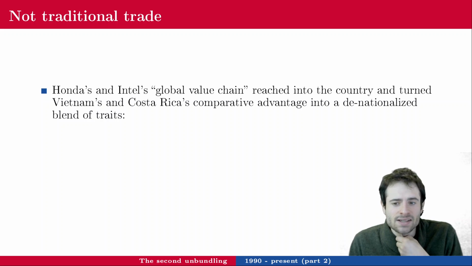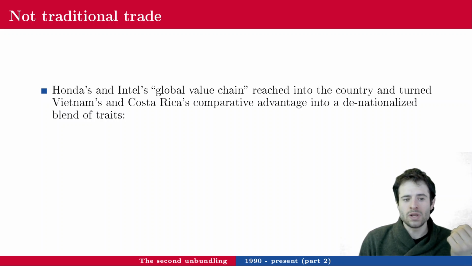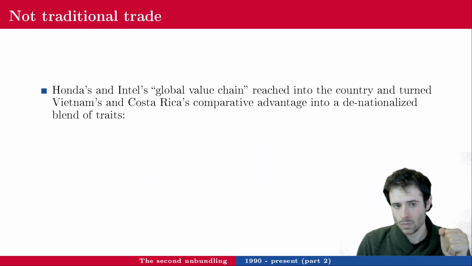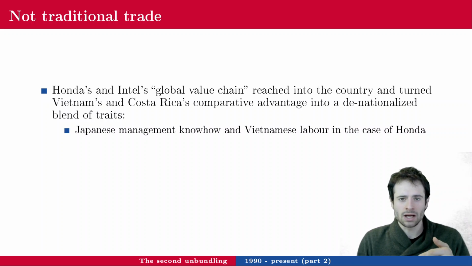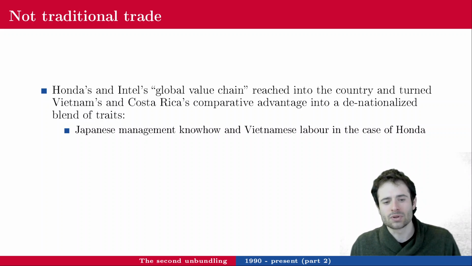Honda's and Intel's examples, or their global value chain, reached into the country and turned Vietnam and Costa Rica's comparative advantages into a denationalized blend of traits. Things were produced in Vietnam and in Costa Rica, but not with only Vietnamese and Costa Rican inputs.